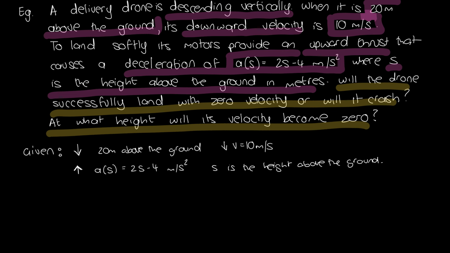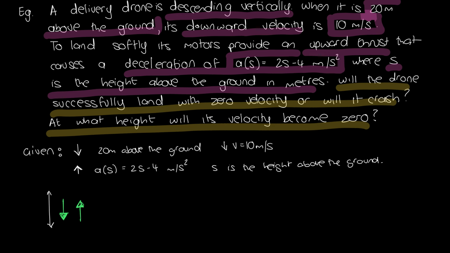Okay, so we're not going to ask what's required to find yet. We're just going to discuss the information that's given to us. So we have up and down, so we do have direction coming into play. It is just like a y-axis. To begin with, the delivery drone is descending downwards, so it's going in that direction. And then as it starts to land, its acceleration goes upwards.